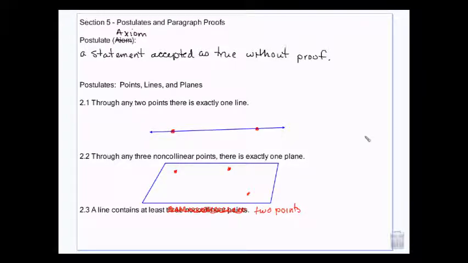So if we have just a random line, it's going to have at least 2 points on it. It can have an infinite number of points, but it'll have at least 2.